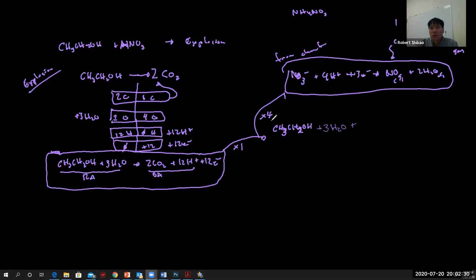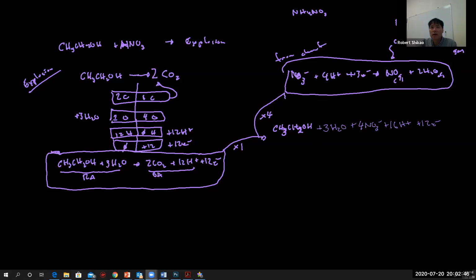And now I have to multiply it by 4, so I'm going to need 4 nitrates here, and then 4 times 4 is 16 H plus, plus 4 times 3 is 12 electrons. So that gives me 12 electrons.